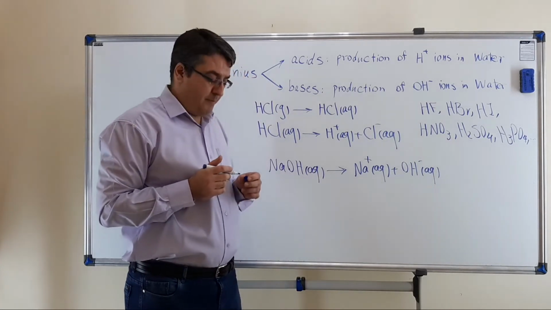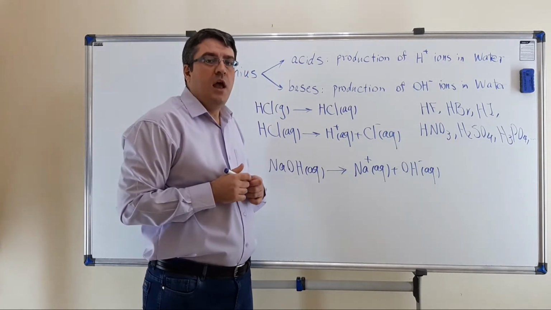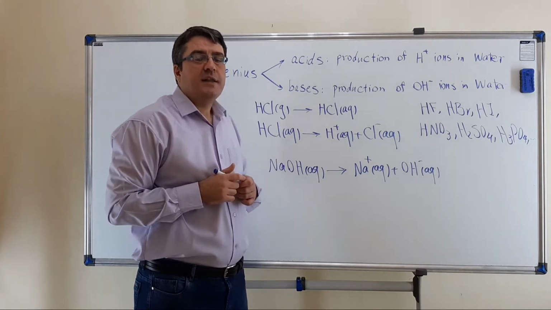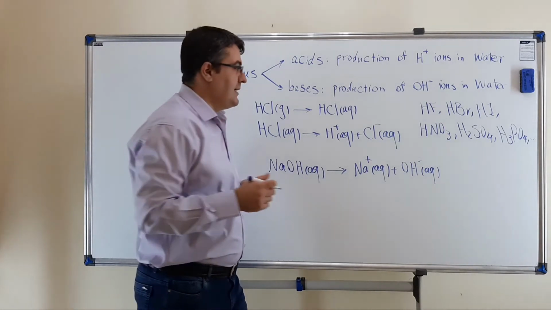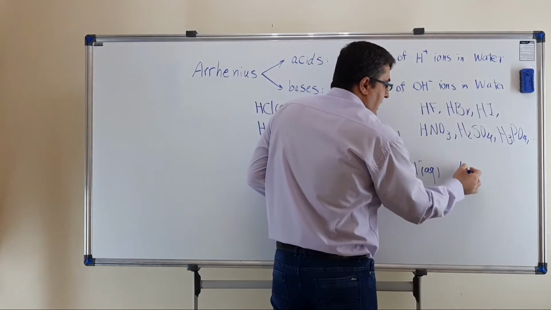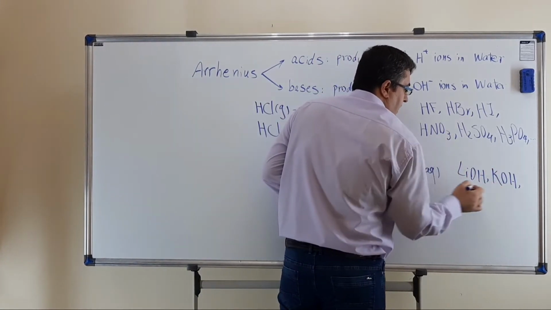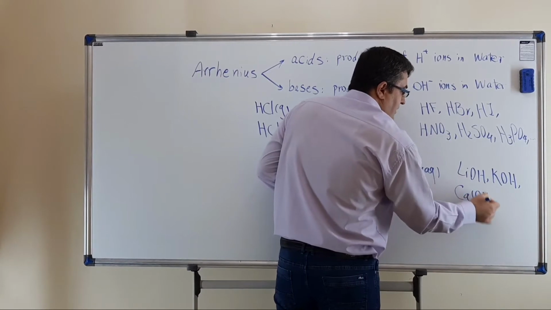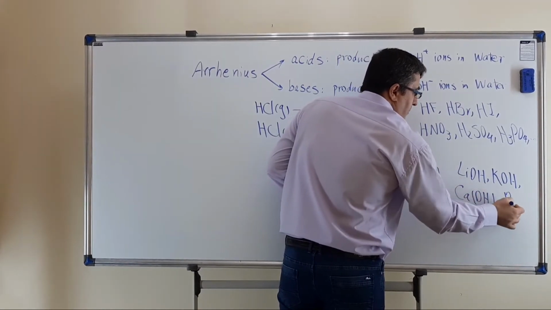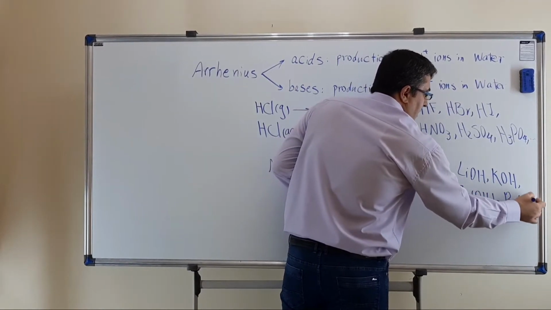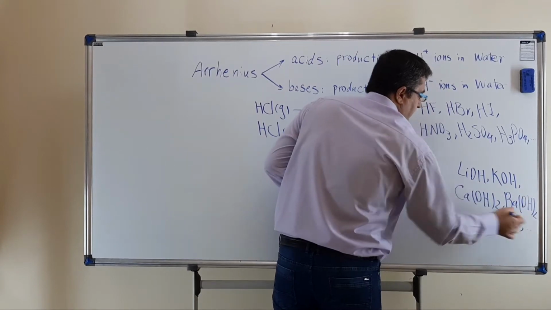As other examples for Arrhenius bases, we can consider hydroxides of other active metals like lithium hydroxide, potassium hydroxide, calcium hydroxide, barium hydroxide, and so on.